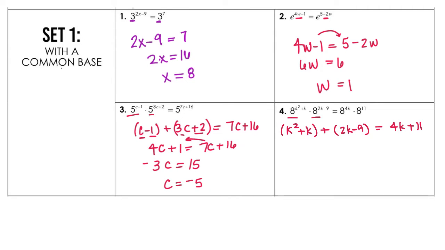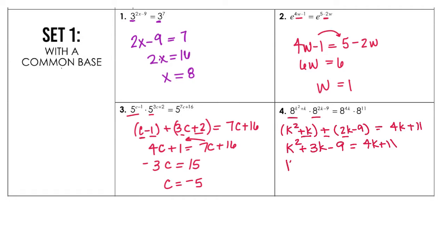So on the left side, we can try to combine some of our like terms. Now, of course, nothing's going to combine with k squared, so we're going to bring that down. And then a positive k plus 2k, so that's positive 3k minus 9 equals 4k plus 11. We do need to get everything moved over to the left side, and so it looks like we're going to have a factoring situation.